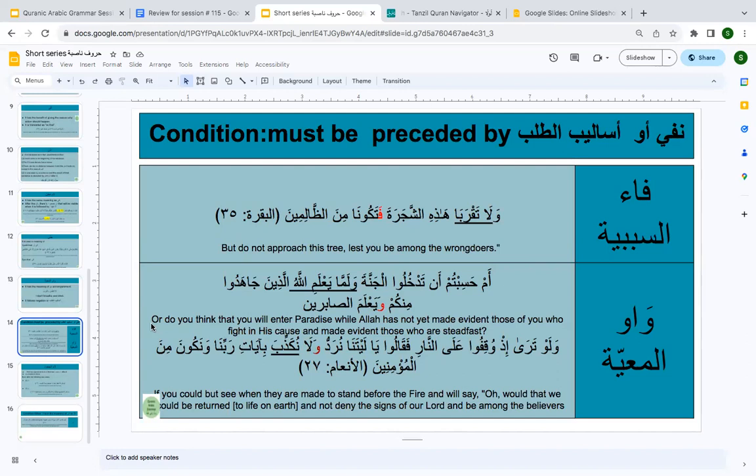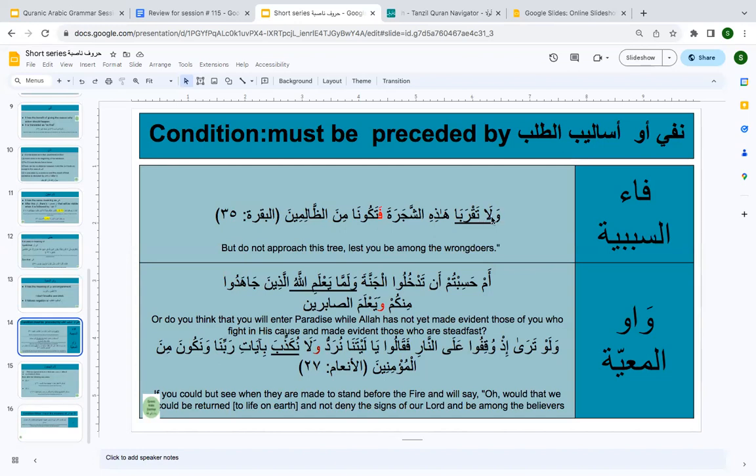Okay, so here in this verse from Surah Al-Baqarah, which we have done in the past as well, la taqraba hadhihi shajarata. So what are we seeing here? La taqraba. What kind of la are we seeing here? Is it negation or is it forbidding la?